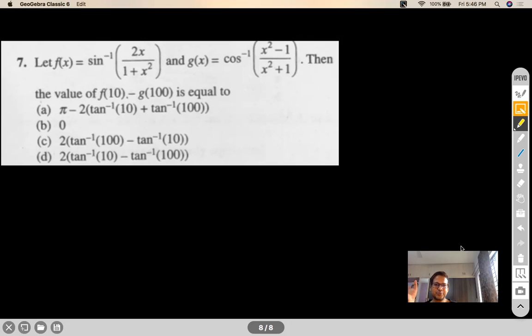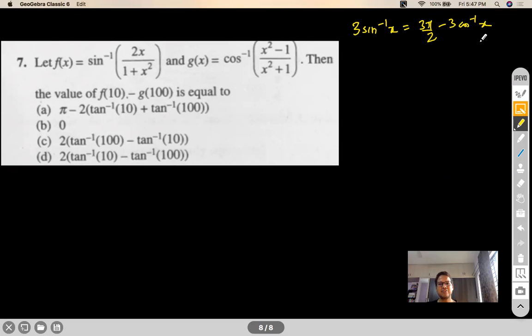Are you getting it, Arjun? Okay. So you can answer that question yourself. The relationship between the graphs will be reflected by the actual relationship between the functions. For example, 3 sine inverse x is 3 pi by 2 minus 3 cos inverse x, isn't it?